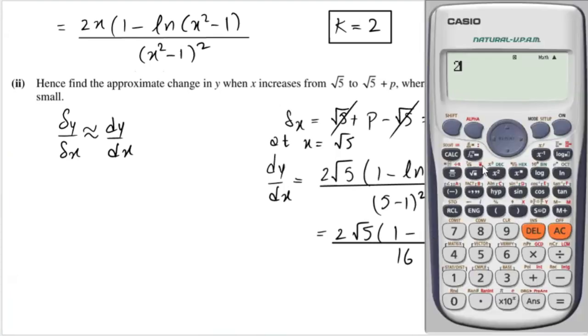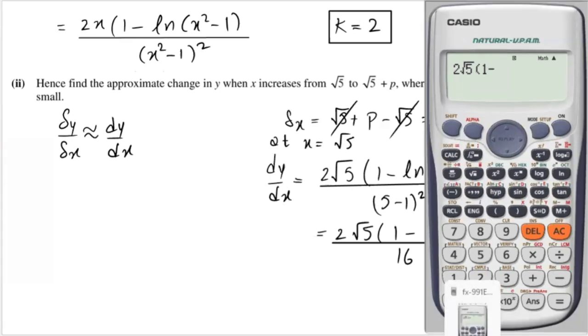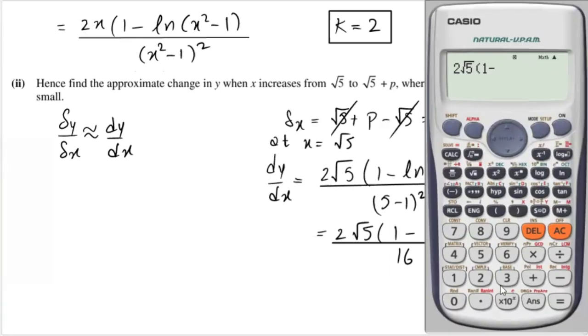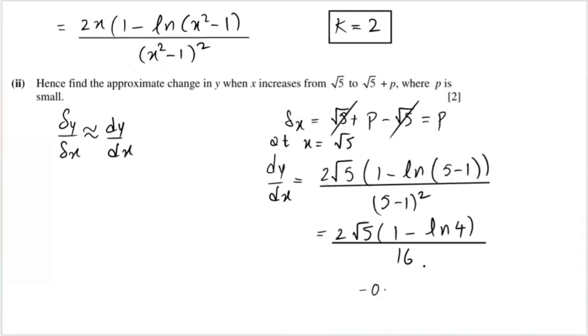So let's get it. 2 root 5 bracket. Let's keep it outside. 1 minus natural log of 4, bracket close. Let's put a fraction over 16. So I'm getting a negative 0.10797.